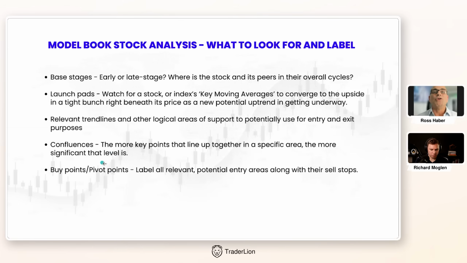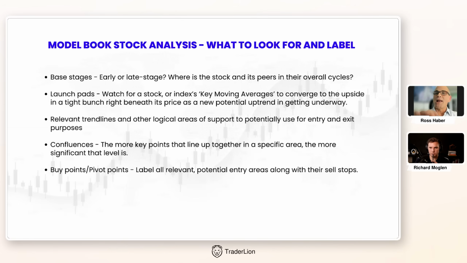But once I have what I think are my relevant key pivot points and logical support and resistance areas, I then look and go, okay, where is the earliest point based on this chart that I could have entered this stock, and based on my trading methodology, assuming I employed my normal sell stop rules, where would my sell stop be?